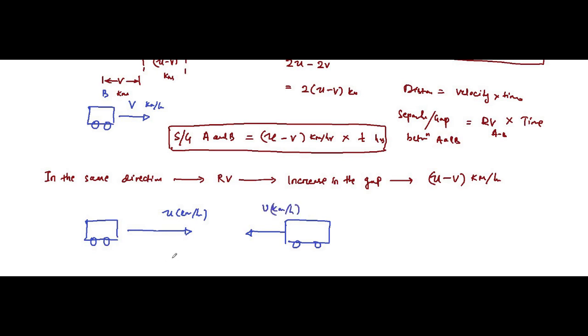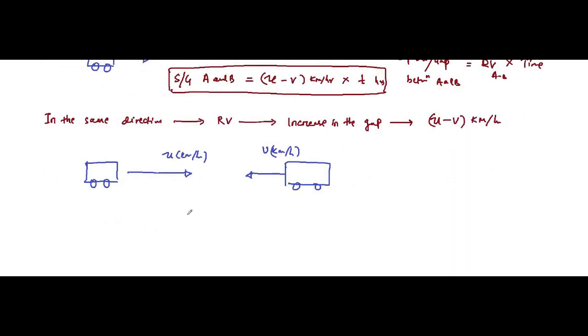Let's say the initial gap between them is d. So after 1 hour, this vehicle will have covered a distance of v kilometers, and this vehicle will have covered a distance of u kilometers.